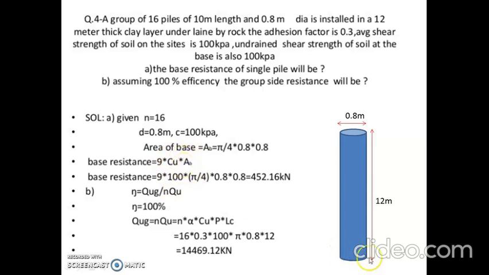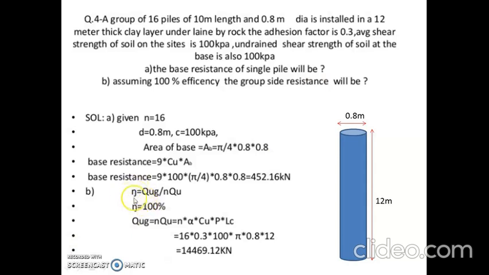So area at the base will be pi by 4 d square. So here the cross section is circular. So base area will be pi by 4 d square. D is 0.8, hence it is 0.8 into 0.8. And once we substitute A_B value, we will be able to find what is the base resistance, which is equal to 452.16 kilonewton. Next, assuming 100% efficiency, the group side resistance has to be found out.